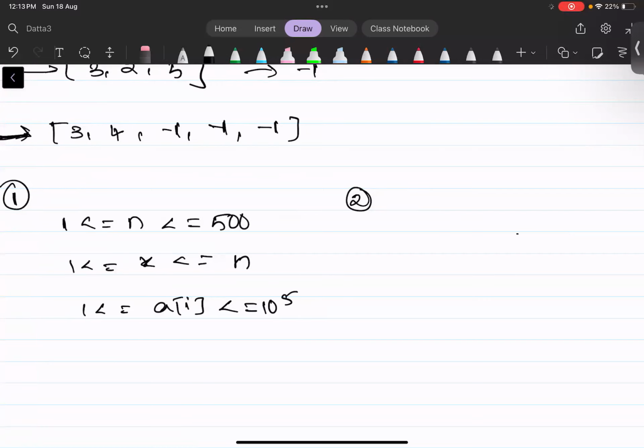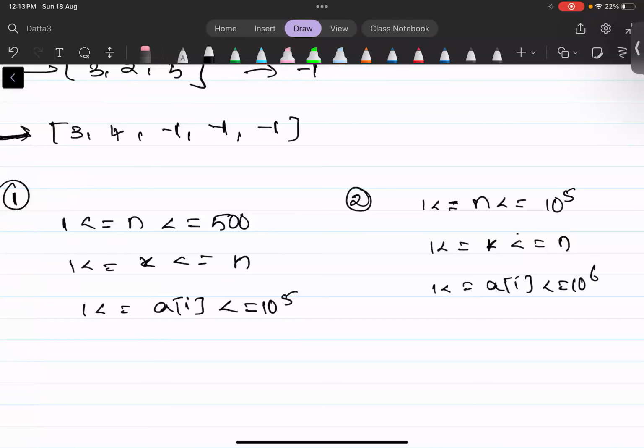For the second question, n is less than or equal to 10 power 5. It means the array can be of size 10 power 5, and 1 less than or equal to k less than or equal to n. And every element of this array can be in the 10 power 6 range.